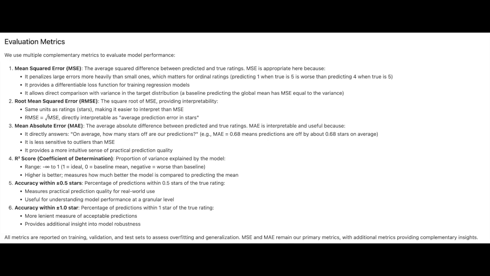And mean absolute error, which is the absolute difference in the stars. We also use R square, which is how much of the variance in rating is explained by the model compared to predicting the mean. The main numbers I report in the code are MSE and MAE on test sets, but with extra metrics, it's clear why squared error is the main objective and MAE is the main interpretability metric.